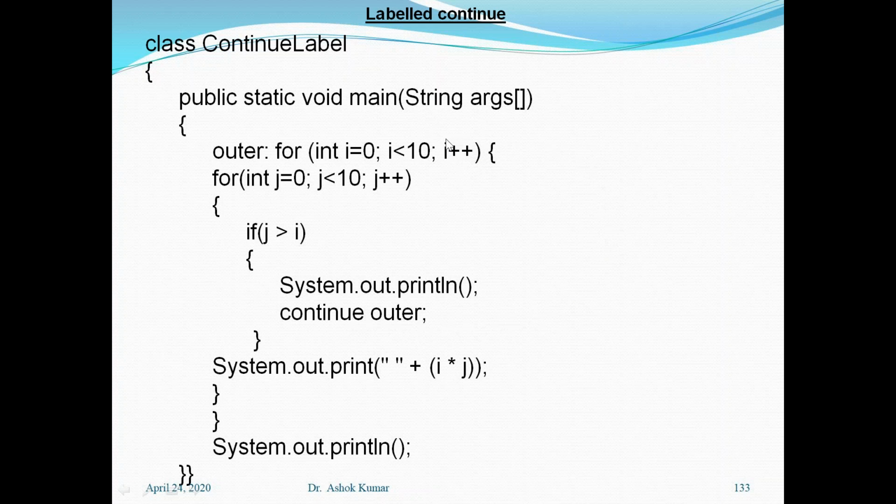So the value of I will change to 1, and again this loop will repeat. The rest of the iterations I'm not going to discuss. If there is any doubt in this, you can either write your doubt in the chat box or leave your comments in the comment section.